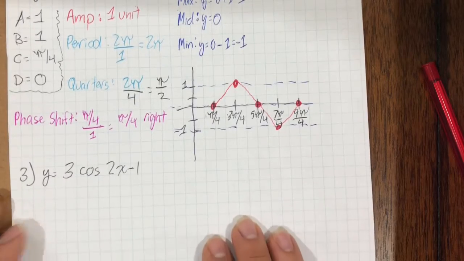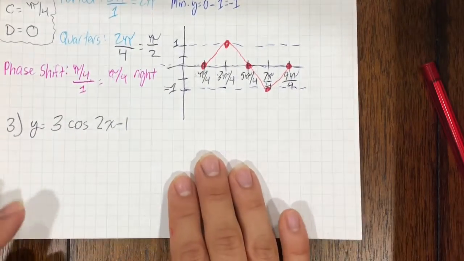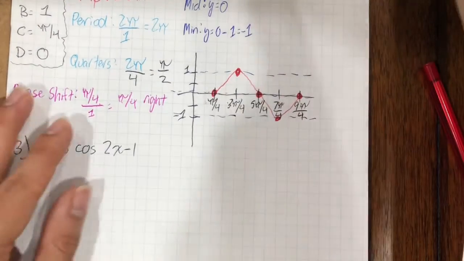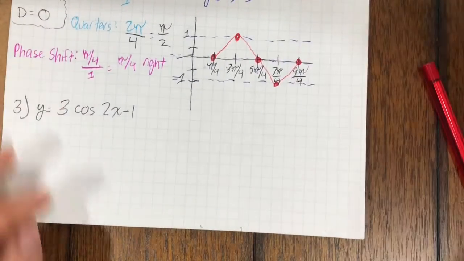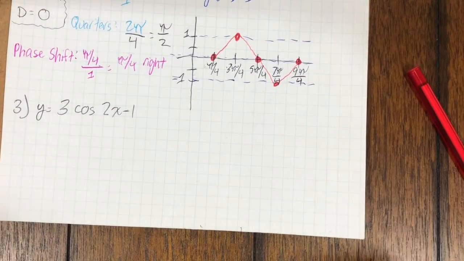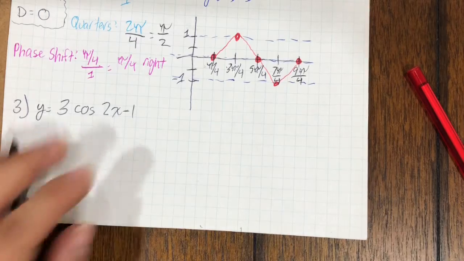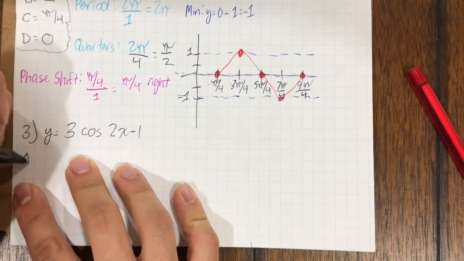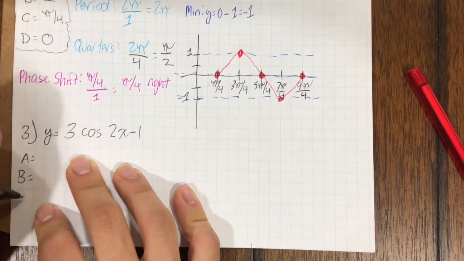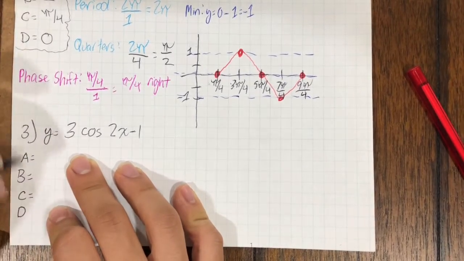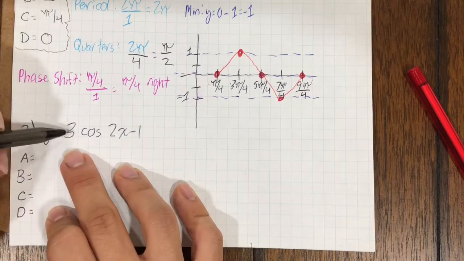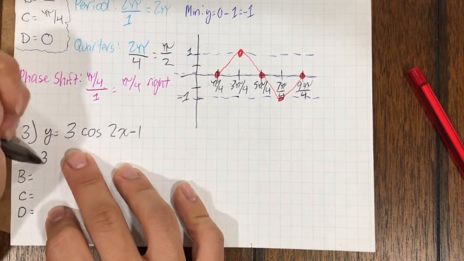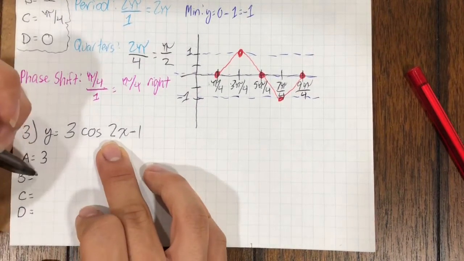Now we're going to move on to number 3, and I'm going to do the same exact technique. For number 3, I'm going to label my numbers for A, B, C, and D. So A is 3, B is 2.